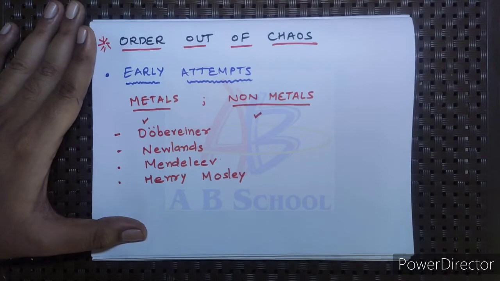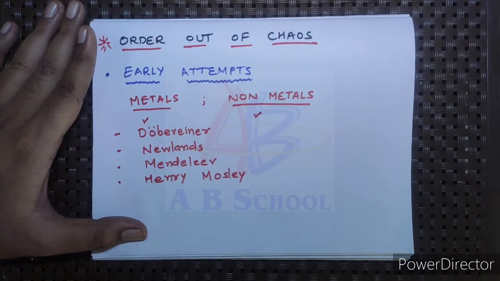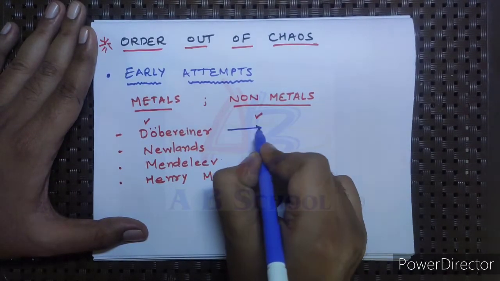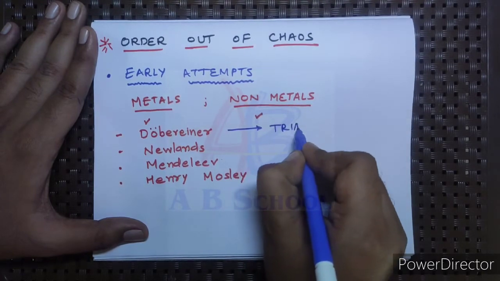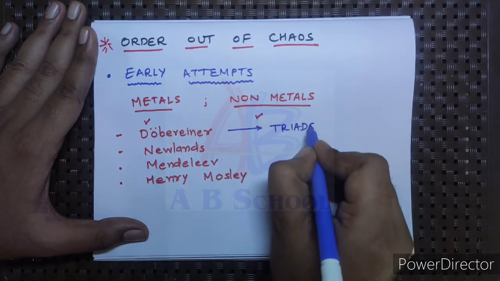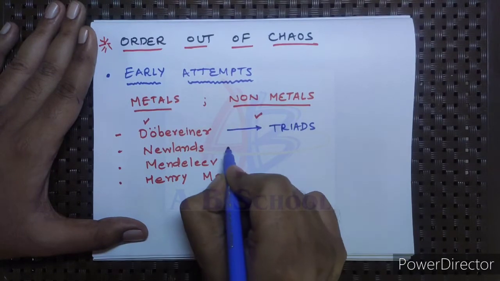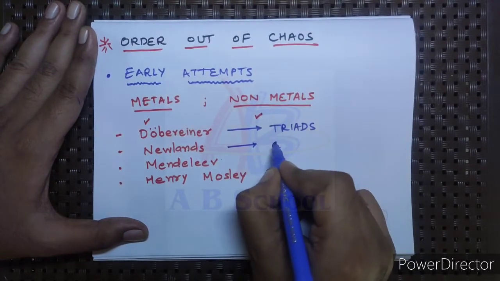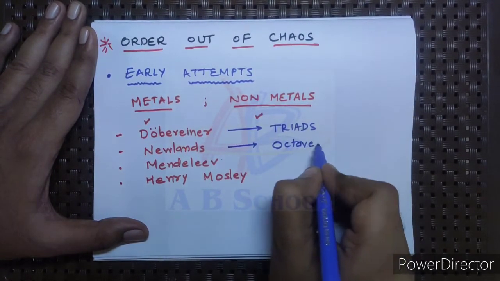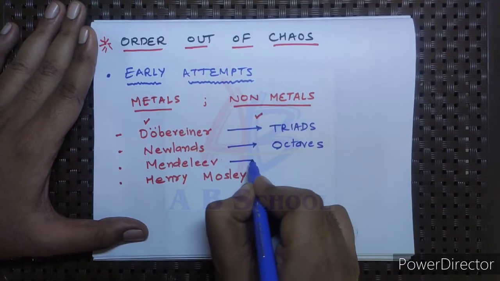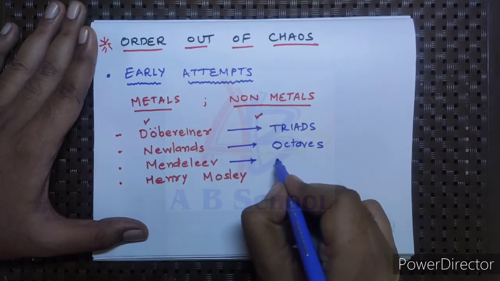The law given by Döbereiner is known as Döbereiner's Triads. The law given by Newlands is known as the law of octaves. The law given by Mendeleev is known as Mendeleev's periodic table.